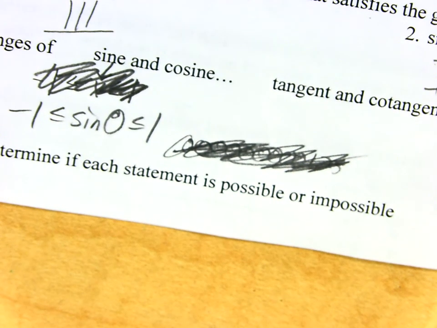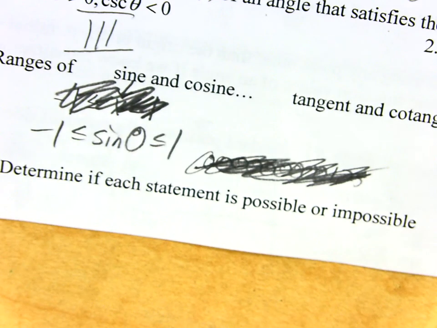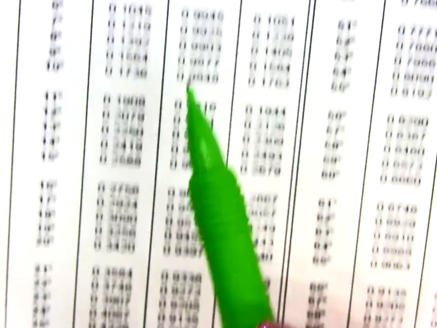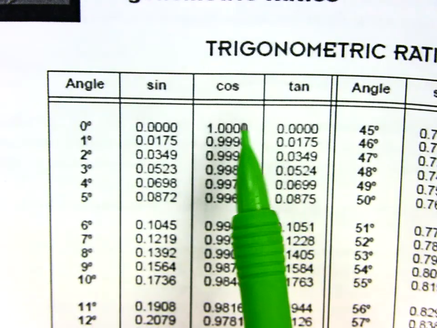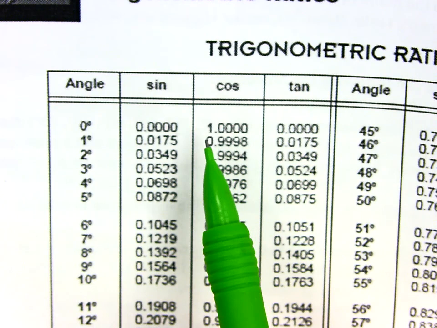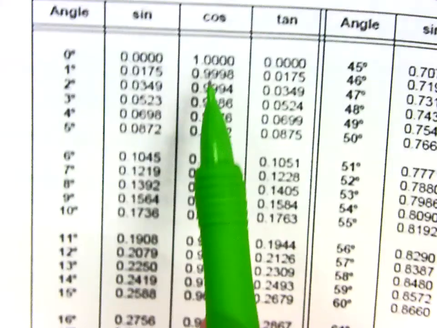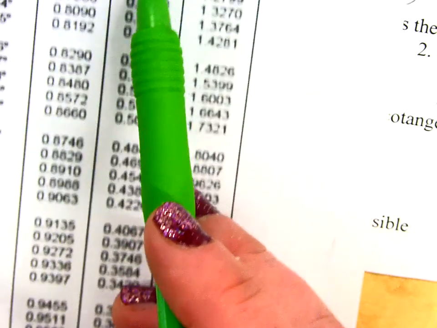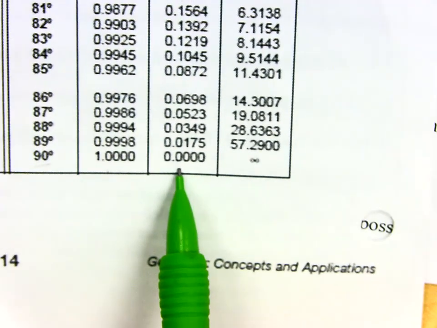All right, good. So let's talk cosine. What happened with cosine in your trig tables? Well, if you look at how cosine starts off, cosine starts off high at a small angle, and then it gets lower, lower, lower, and then I do end up hitting 0.